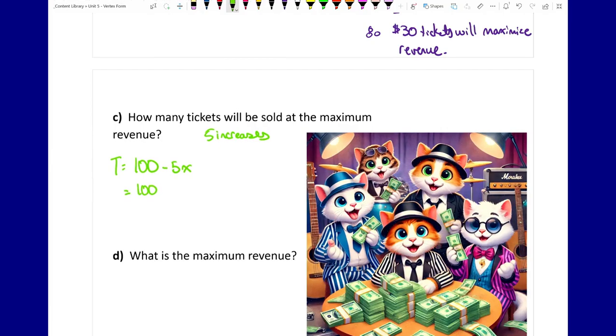So 100 minus 5 times 5, or 100 minus 25, gives us 75. So therefore, 75 tickets will be sold at max revenue.